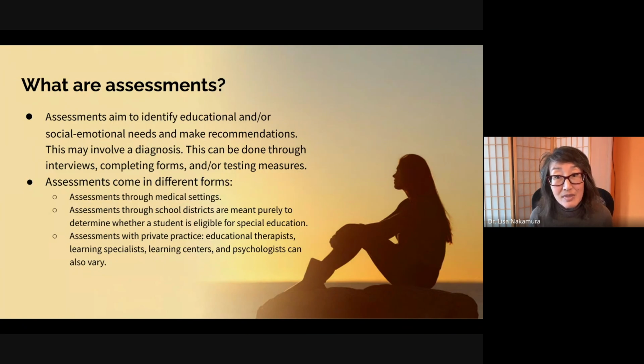And then assessments in a private practice setting will include a testing measure, like in our setting, for example, a battery of attention testing, but it will talk about it in a way that gives a whole attention profile. So for example, little Johnny might have a really hard time with auditory attention, but he does a lot better with visual attention.